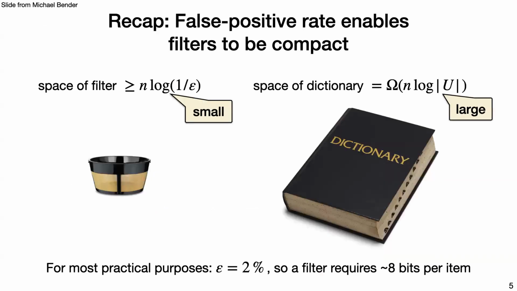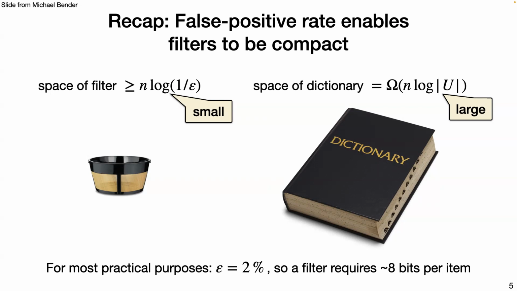Great. The reason that we're interested in filters is that because they allow this one-sided error, they can be much smaller than exact dictionaries. The true dictionary, like a tree, has to be at least n log u, where u is the size of your universe. So log u is the number of bits that you need to store it. And a filter is lower bounded by n log 1 over epsilon. And if epsilon is something like a constant, this is much smaller than the exact dictionary.